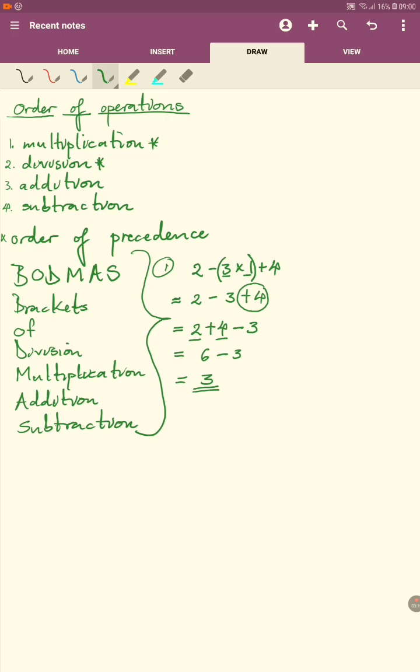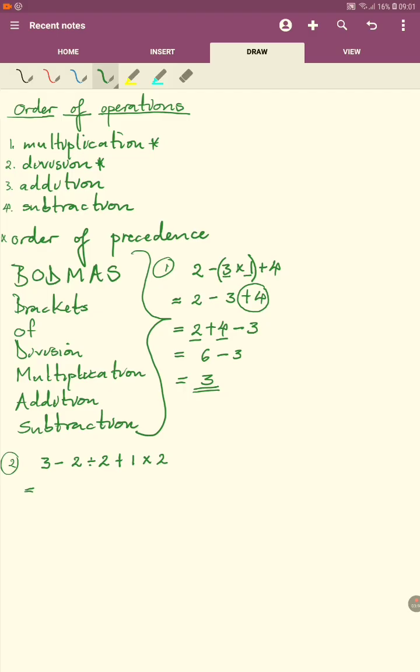I'm going to look again at another example, number 2. Let's say we have 3 minus 2 divided by 2 plus 1 times 2.